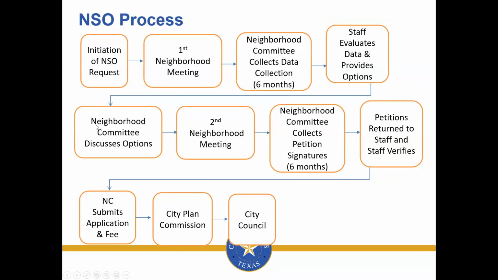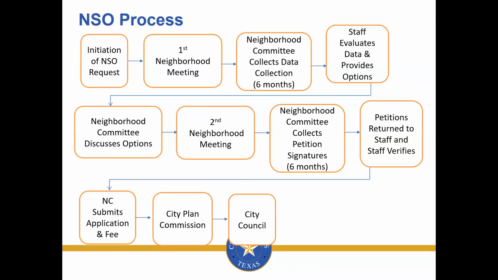Then the neighborhood committee, which is you all again, will discuss those options. Then we'll have a second community meeting with the entire neighborhood again to discuss those options that the committee has agreed upon.